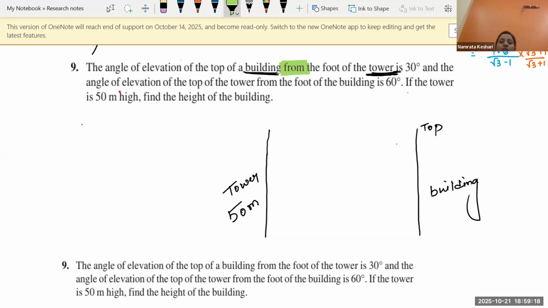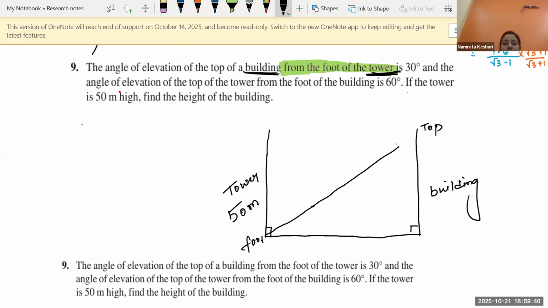So from the foot of the tower, this is our tower, and here is the foot of the tower. Let me draw the ground level first. This is the ground level. Here 90, here 90. Angle of elevation of the top of the building from the foot of the tower, that means something like this. The angle is 30 degree.